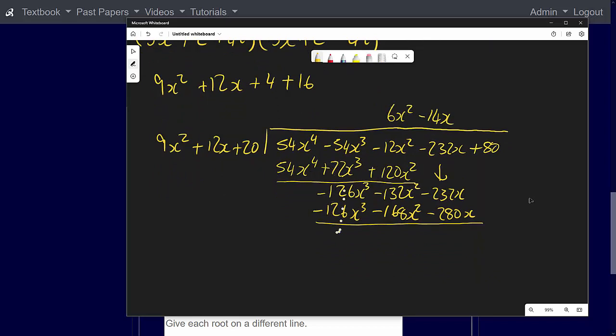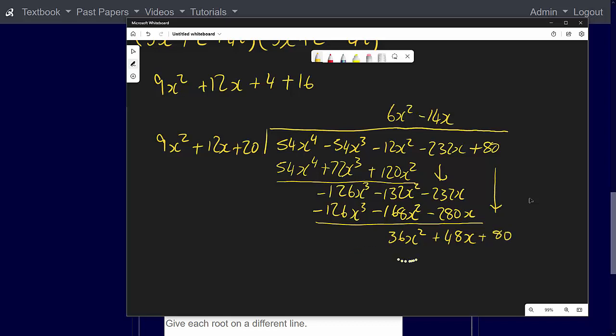So the first terms cancel, and we've got minus 132x squared minus 168x squared, which is going to give me 36x squared. And then we've got minus 232x minus 280x, which is going to give me plus 48x. And then we bring the 80 down, plus 80.